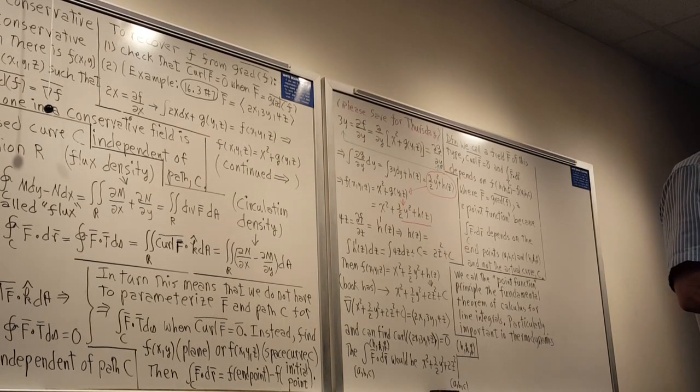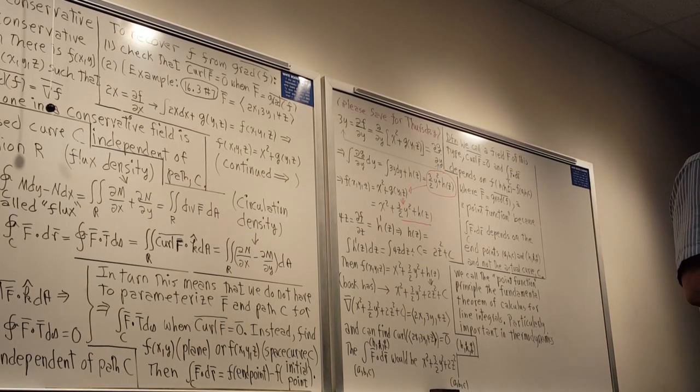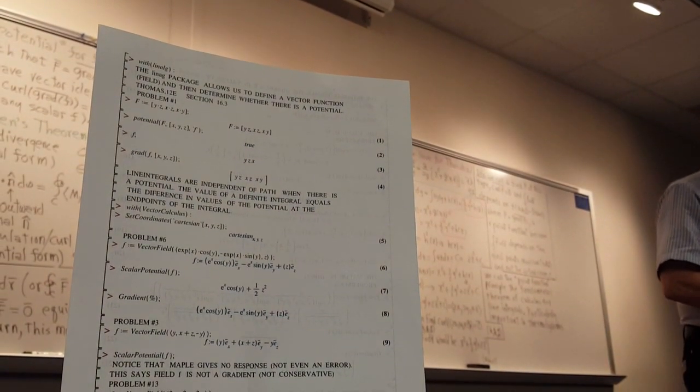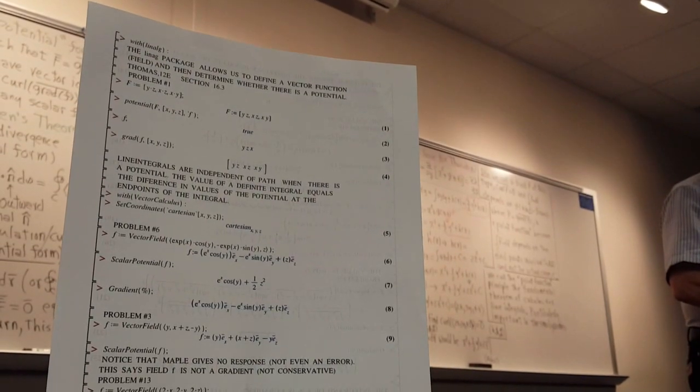I enter the field, and I call it F, so I can refer to F. And then you can type potential, then what you defined is your field, and you have to say that you're working with Cartesian coordinates.